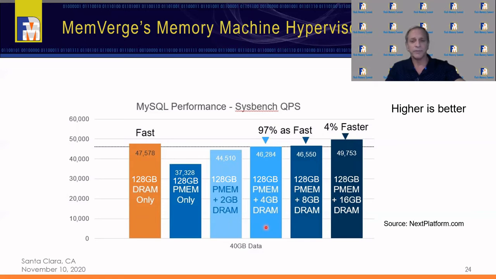Doubling that to 4 gets us almost to parity with the all DRAM solution, and going up to 16 gigabytes of DRAM with 128 gigabytes of PMEM actually beats the all DRAM homogeneous memory solution. Asking MemVerge how they're able to do that would be a great question for their Q&A.